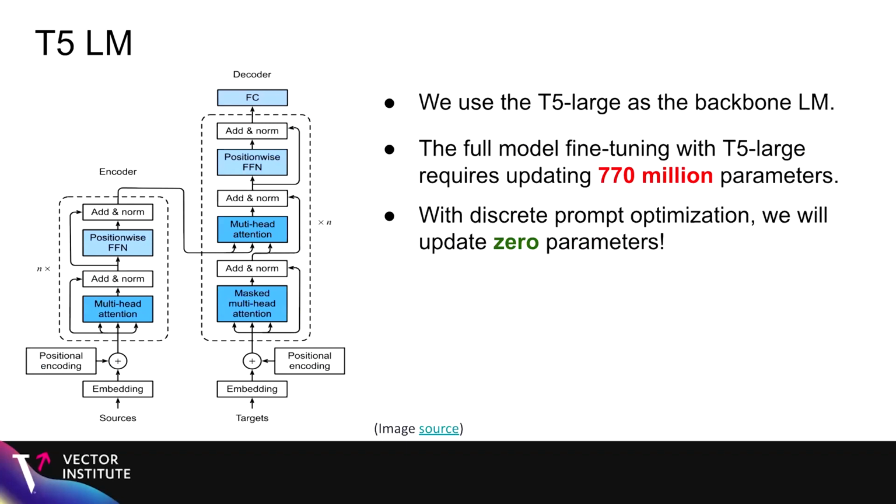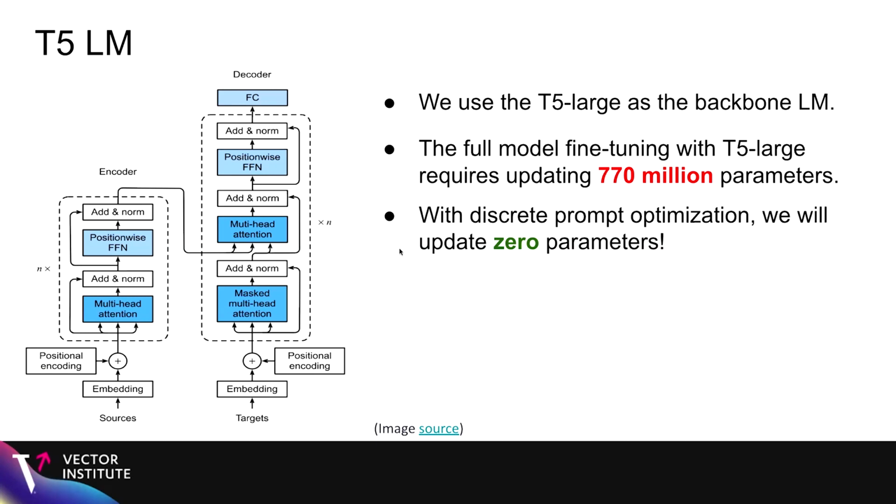In the project itself and the experiments that I've done, we need to choose one language model to experiment ideas on. I worked with the T5 large language model, which is an encoder-decoder, sequence-to-sequence model with multiple transformer layers.